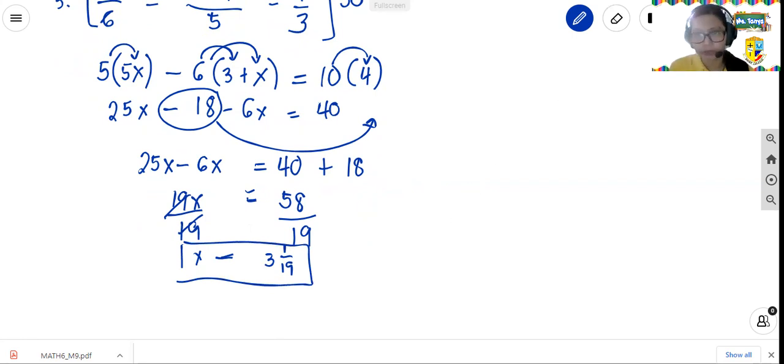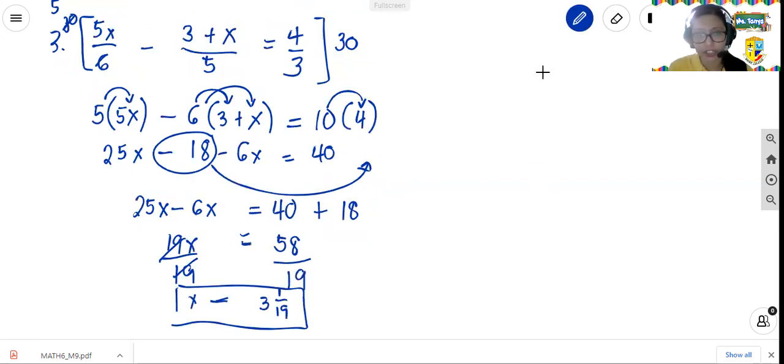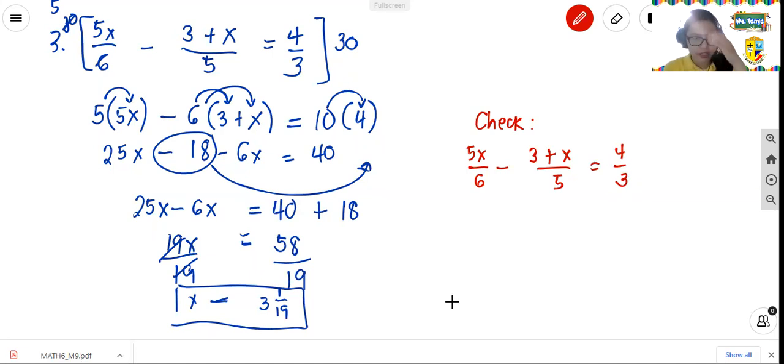But again, we still need to check if our answer is correct. So let us check. So let's have 5x over 6 minus 3 plus x over 5 equals 4 over 3. You will say, Miss Tanya, this one is difficult because it's a fraction, but let's just try it.